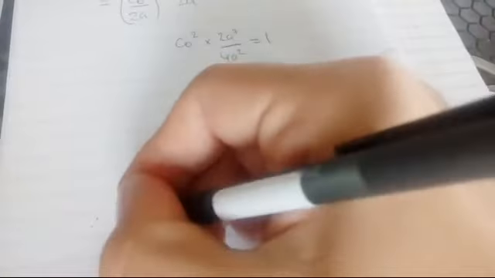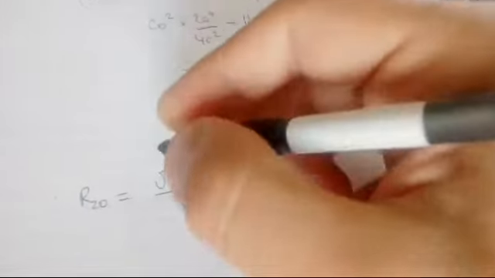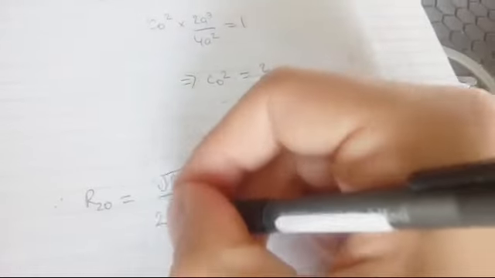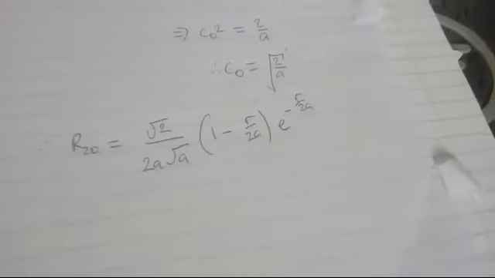So therefore r20 is just going to equal root 2 over 2a root a, okay, 1 minus r over 2a by e to the minus r over 2a. Now, let me just make sure I'm correct. Yep, that's correct. Beautiful. So there it is. We've done it. That's the formula.